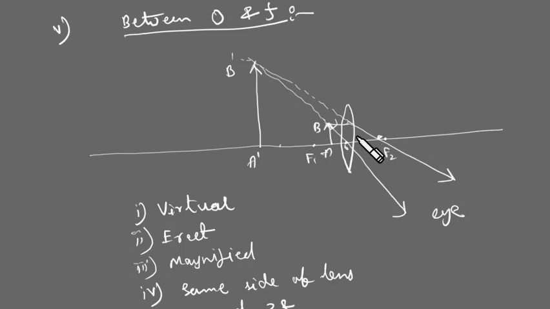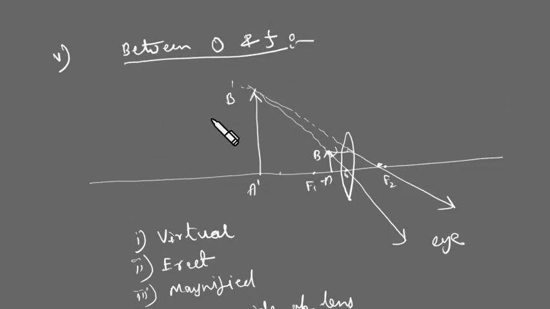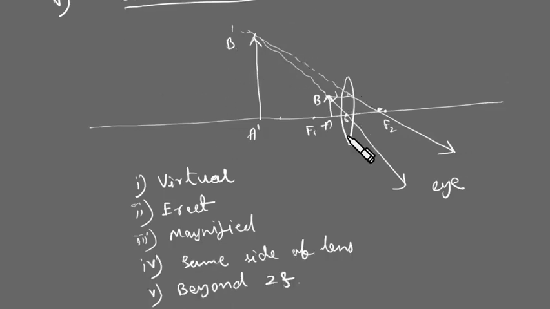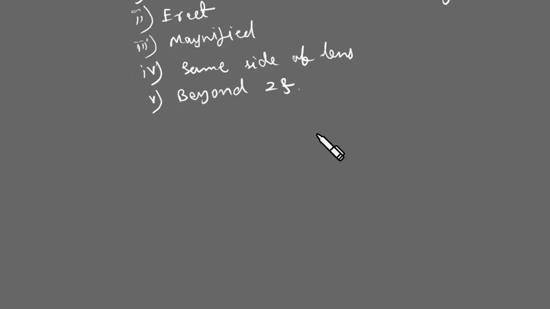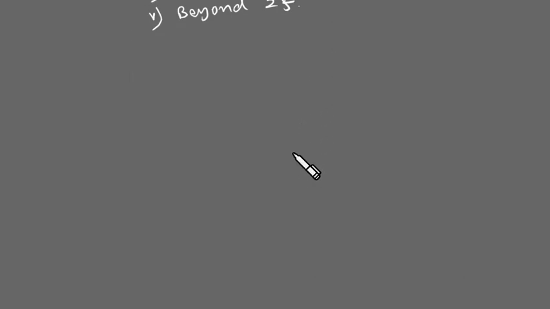Now when we went closer to the lens and kept the object between O and F, the image is formed somewhere here, which is a virtual image on the same side. Okay, so these are the 5 cases of image formation by a convex lens.